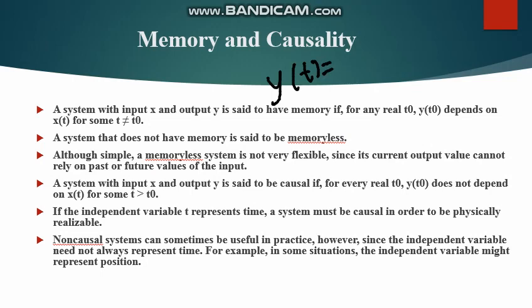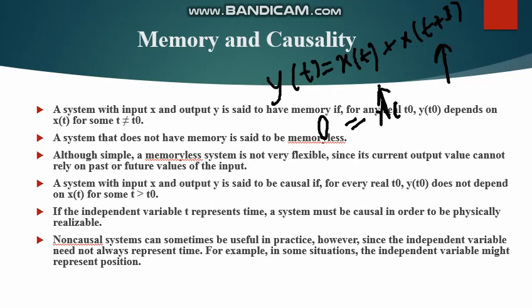I will give an example then to understand this. y(t) equals x(t) plus x(t plus 1). That is time advance, and in a system that is known as the future, and that is the present. Now put the value 0: x(0), the initial value, plus x(1).